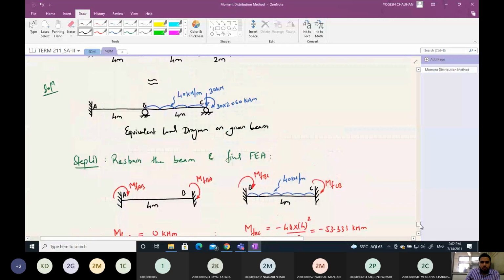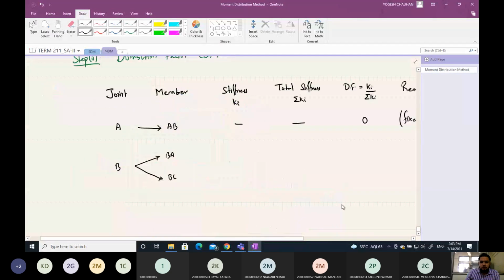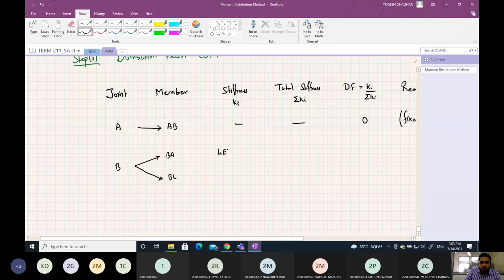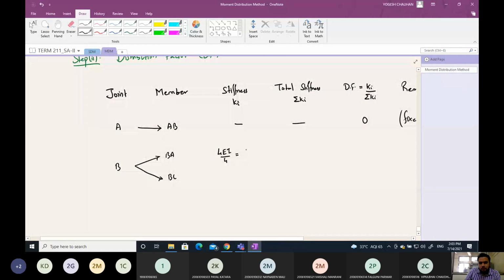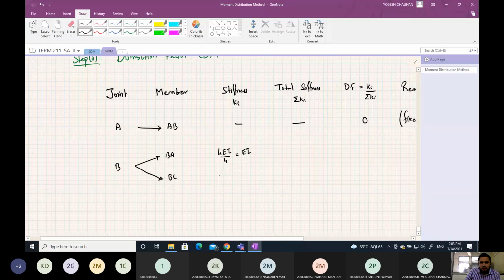BA is 4 meter with far end fixed, and BC is also 4 meter in length with far end simple. So here it will be 4 EI by 4, that is EI, and here it will be 3 EI by 4, that is 0.75 EI. The sum total of these two will be 1.75 EI, and the distribution factors will be 0.571 and 0.429.